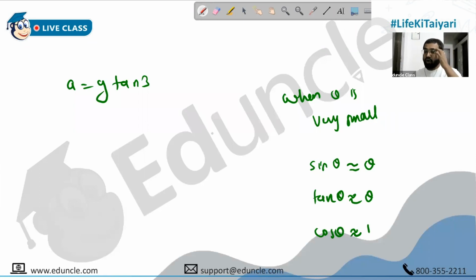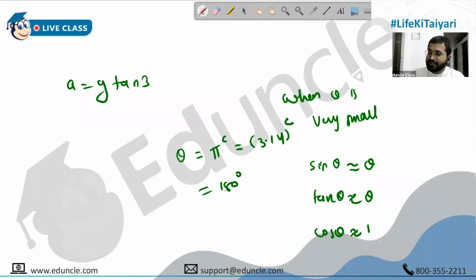I was saying a common mistake a student will temptingly make is, if I give you theta as 1 radian. People, 1 radian is not a small angle. 1 radian is a large angle. 1 degree is a small angle. Pi radian means how much? 180 degrees. Pi radian is 3.14 radian.